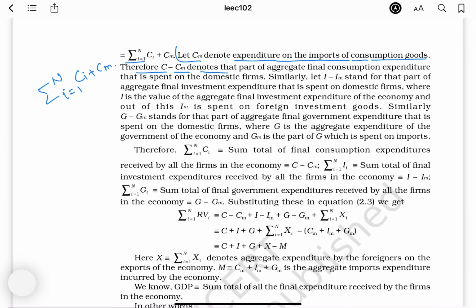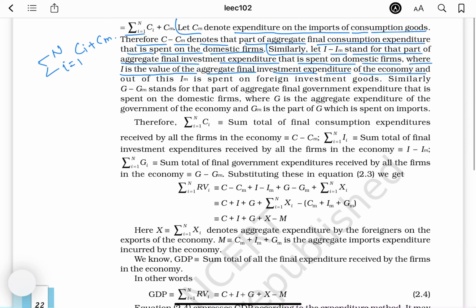Therefore, C minus Cm denotes that part of aggregate final consumption expenditure that is spent on the domestic firms. Similarly, let I minus Im stand for that part of aggregate final investment expenditure that is spent on domestic firms, where I is the value of the aggregate final investment expenditure of the economy, and out of this Im is spent on foreign investment goods.